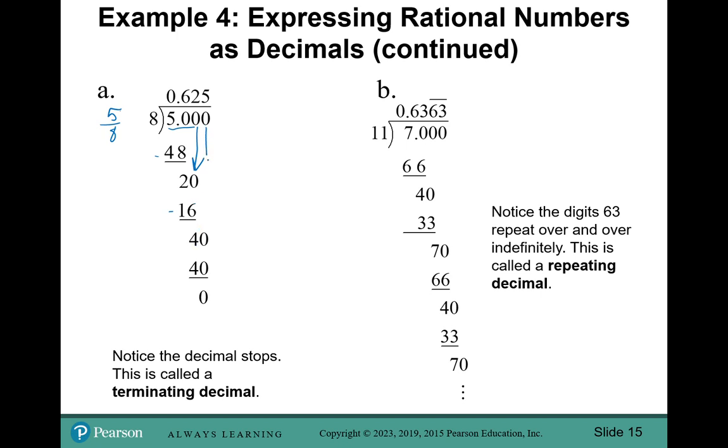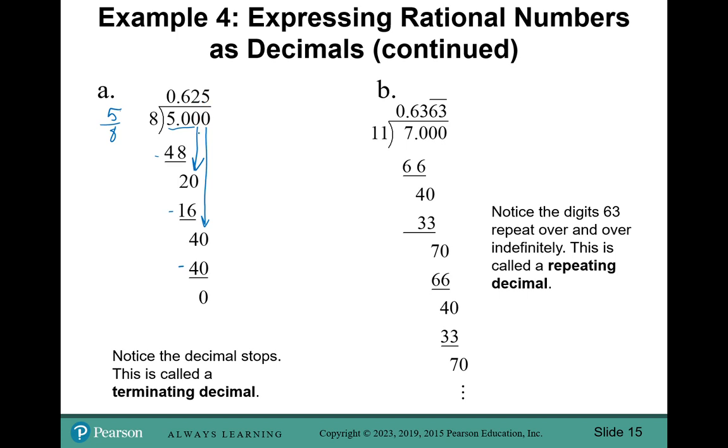And then I bring down a 0 here. I'm looking at now 40 here. 8 goes into 40 5 times because 8 times 5 is 40, which gives me an overall subtraction of 0, which means that my final answer here, 5/8 written as a decimal, is 0.625.